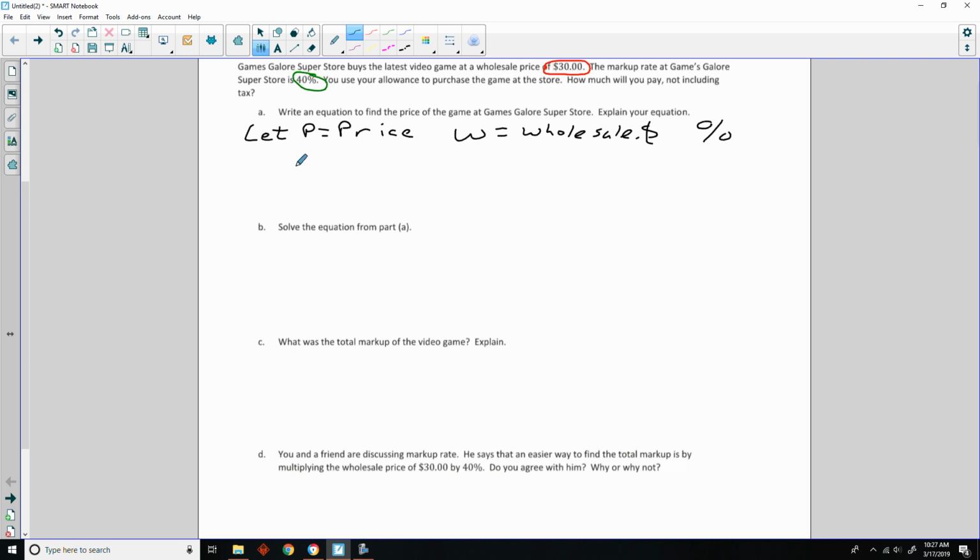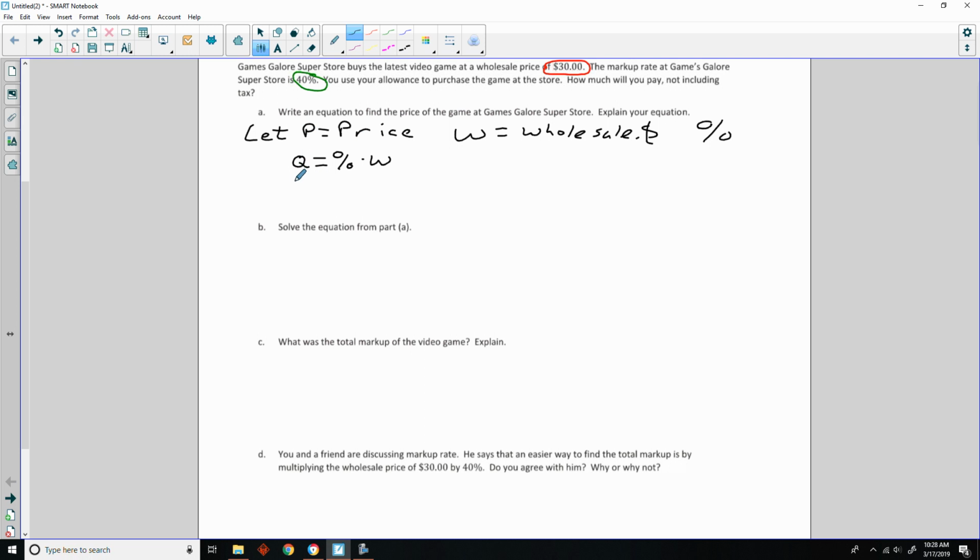So we have an equation that says Q equals percent times the whole. That's quantity. Quantity equals percent times whole. We've been doing this now for several lessons. If you've been watching this video series, you know what I mean by Q and percent and whole. In this case, what we want to find is the price of the video game.